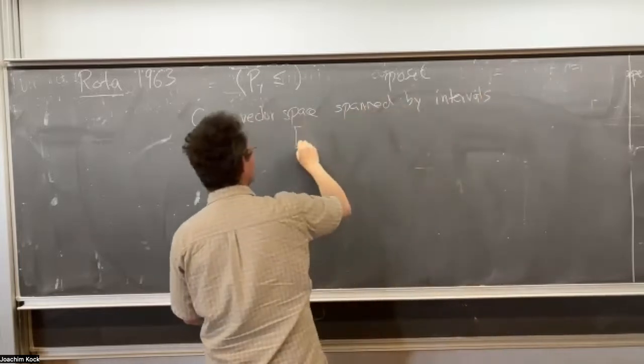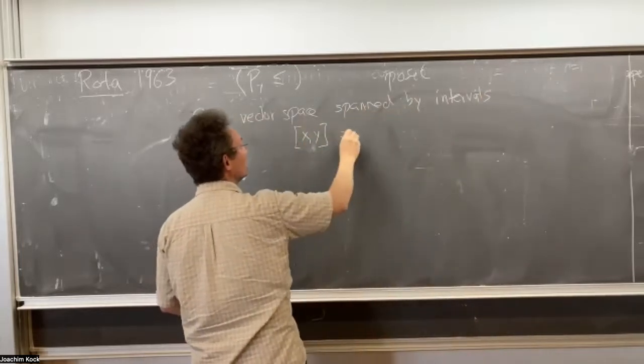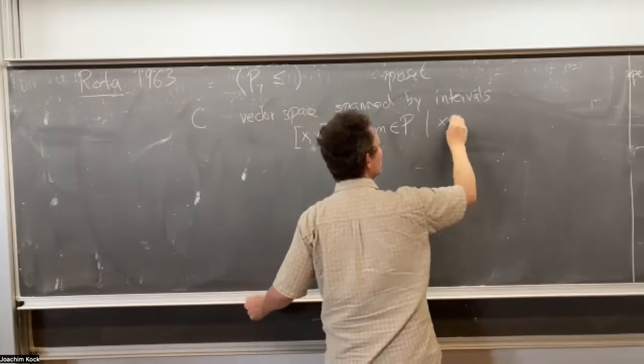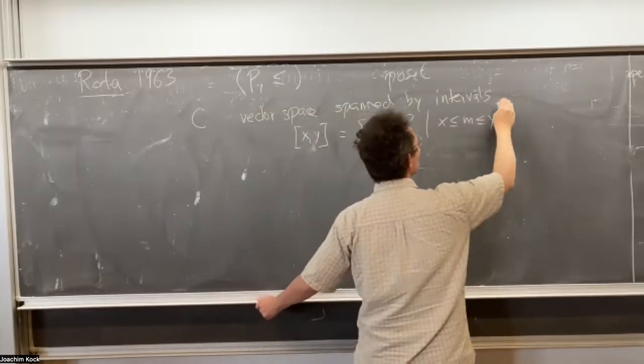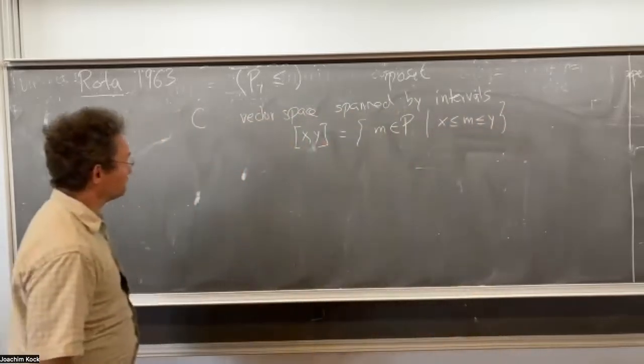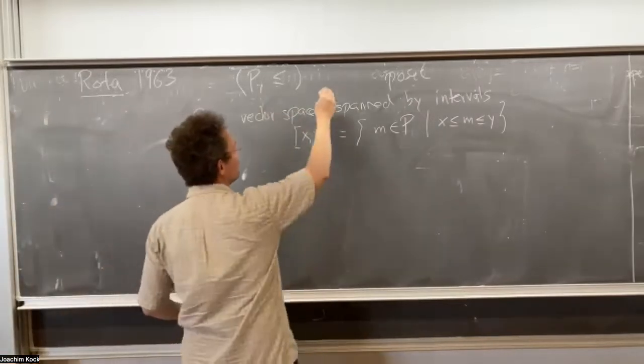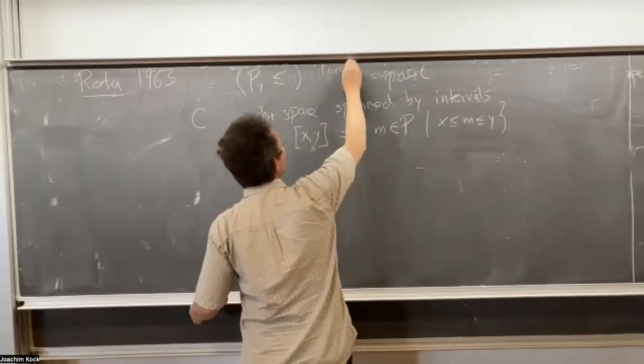An interval is the set of all elements in the poset between two given elements. For this to work, we need all the intervals to be finite, and that's what's called a locally finite poset.